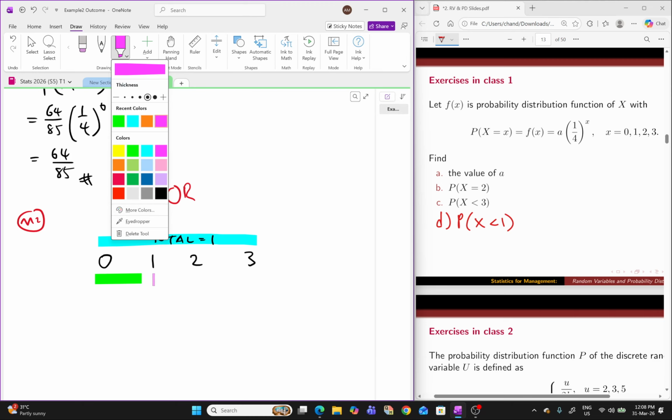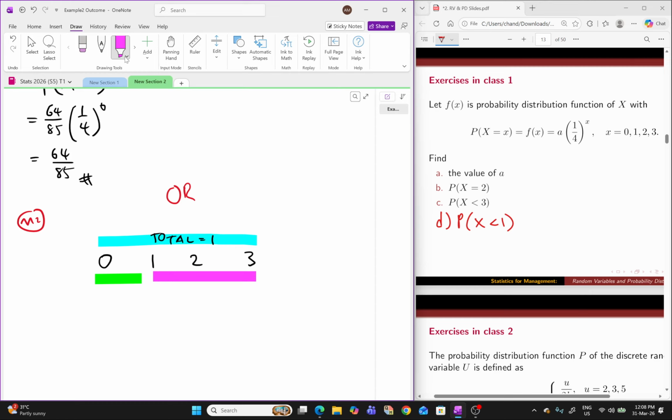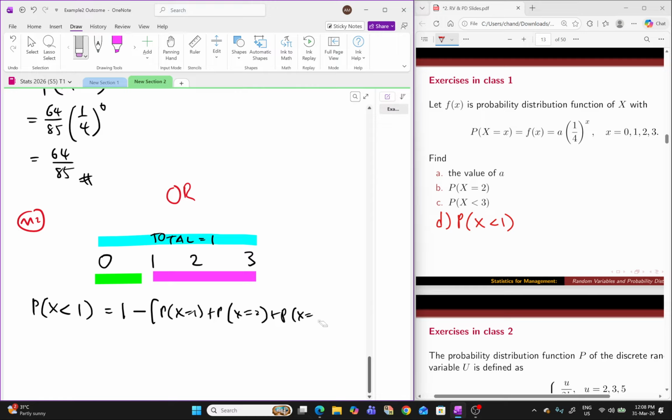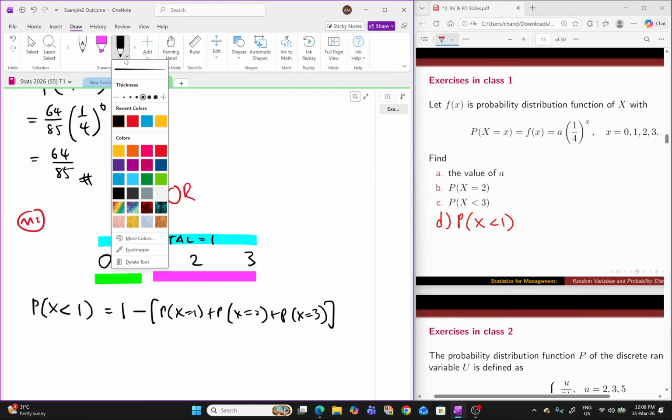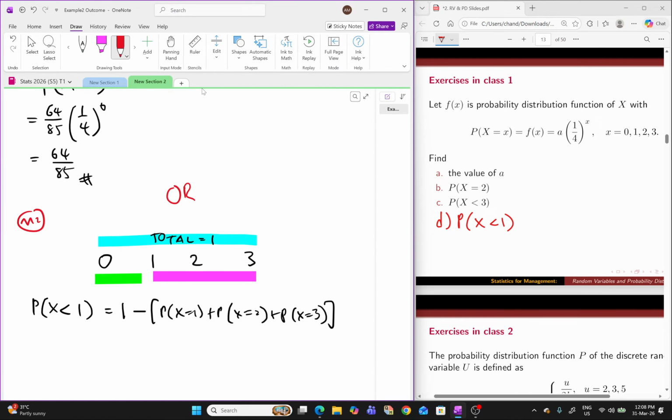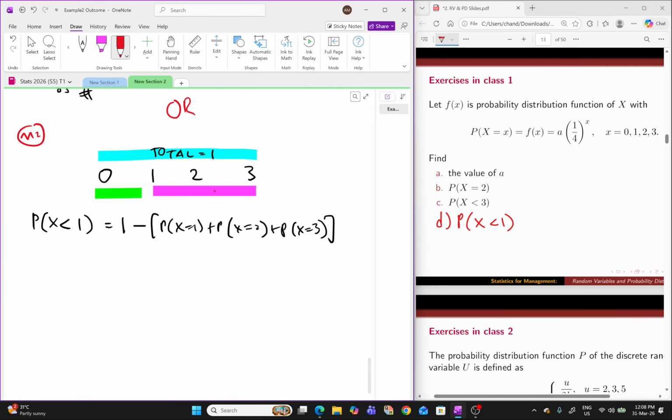So you have to minus from 1 this one. 1, 2, 3. If you do this now, this is actually 1 minus 1, 2, 3. Basically, this whole thing here is P x less or equal to 1.